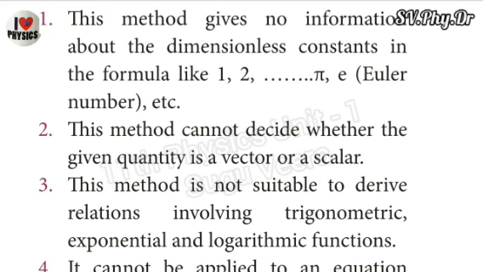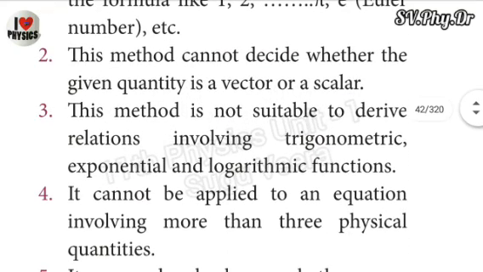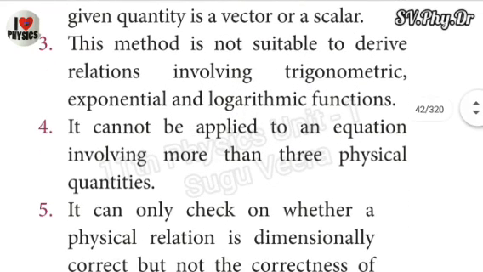Third point, this method is not suitable to derive relations involving trigonometric, exponential and logarithmic functions. Fourth point, it cannot be applied to an equation involving more than 3 physical quantities.